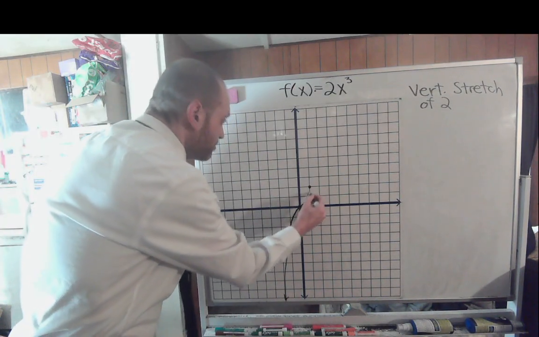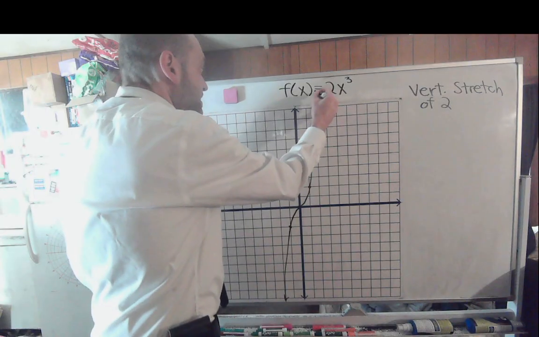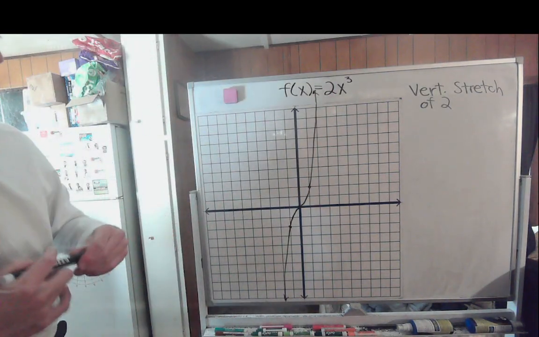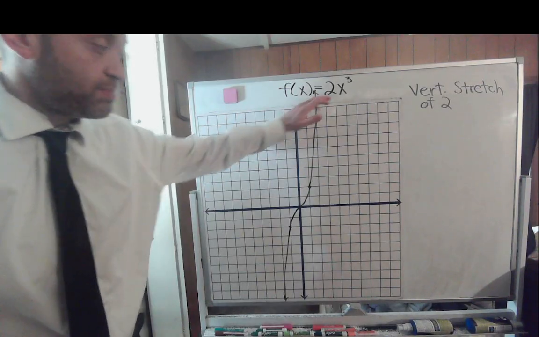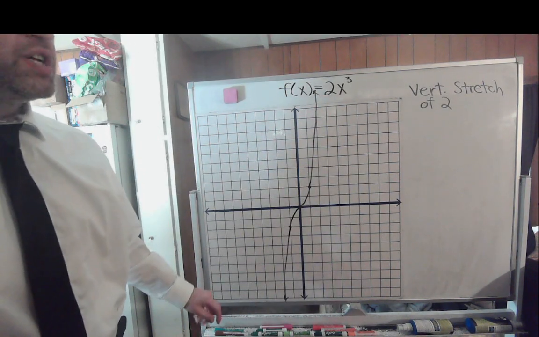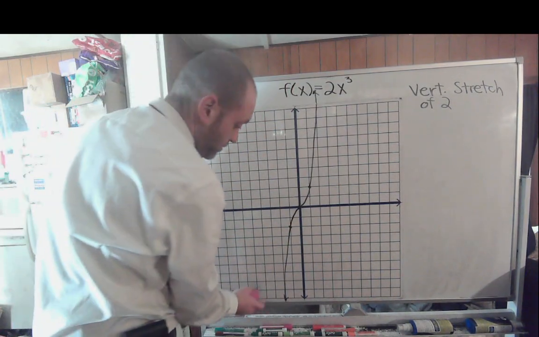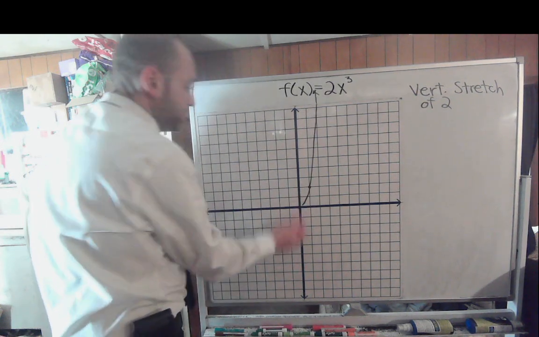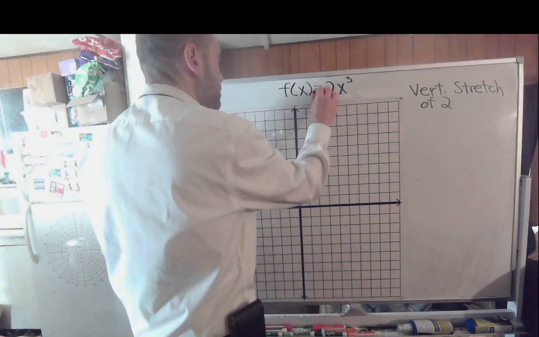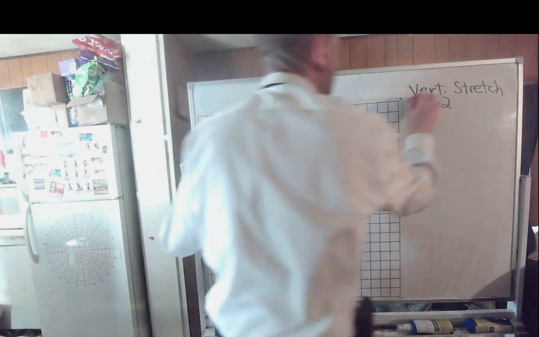I ran out of room to graph, but we can see your graph is greatly distorted because you've vertically stretched this by a factor of 2, which means you've horizontally shrunk it by a factor of 2. So that's something to bear in mind. Now let's go on the flip side here.